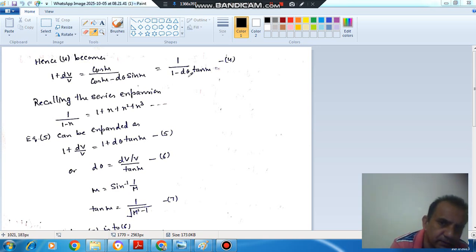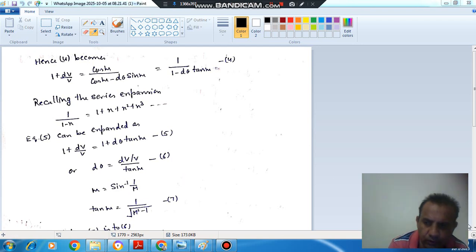So now this expression, 1 by 1 minus x, can be written as 1 plus x plus x squared and so on. Okay, taking only the first two terms, it can be written as 1 plus d theta tan mu, or d theta is equal to dv by v divided by tan mu.